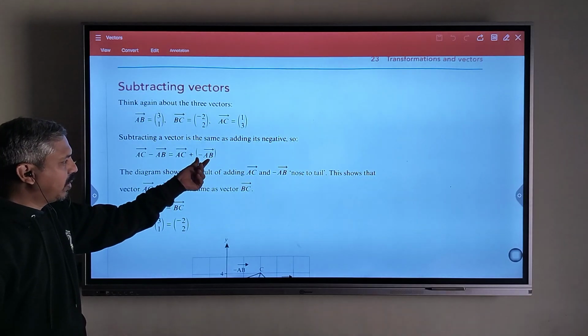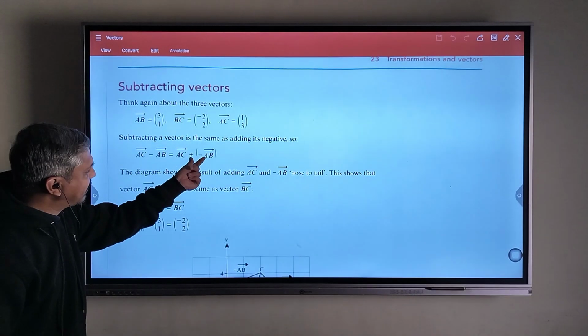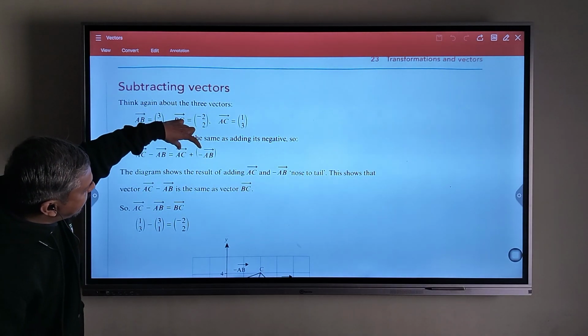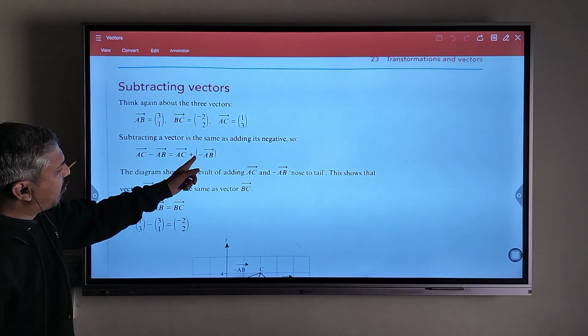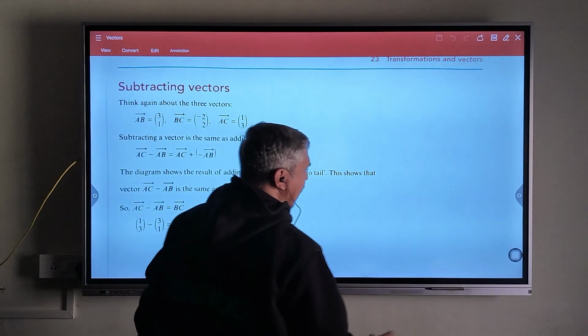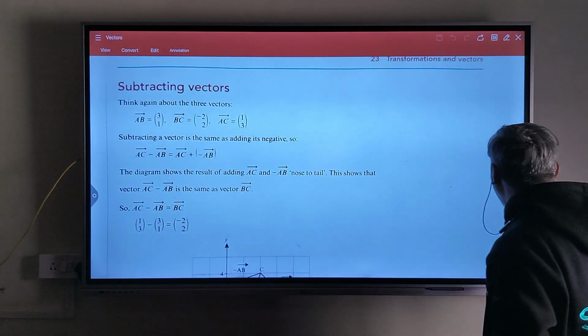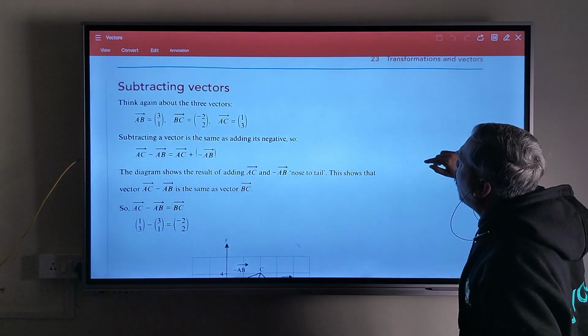What is the significance of this? What do we achieve by doing plus and minus? This will be done by the addition of vectors. And what is minus AB bar? Minus AB bar is the negative vector which is in the opposite direction.